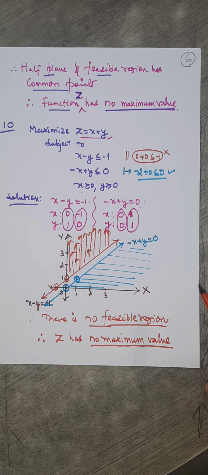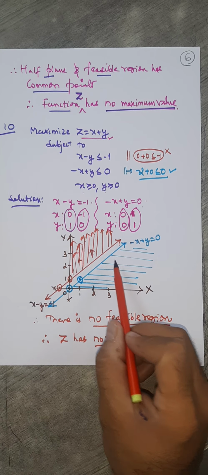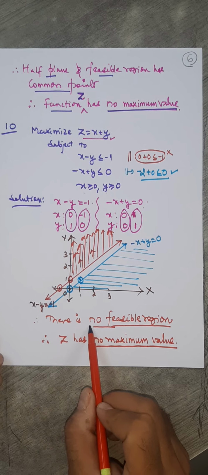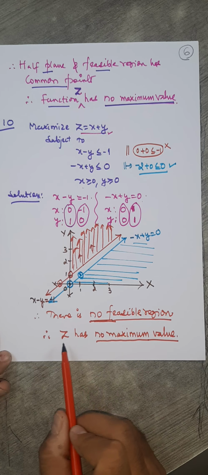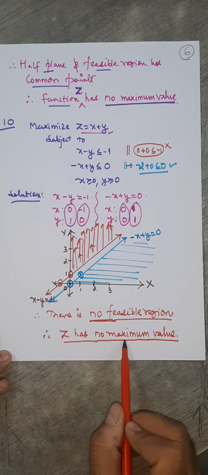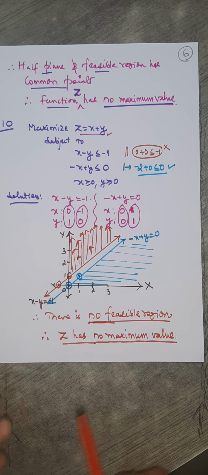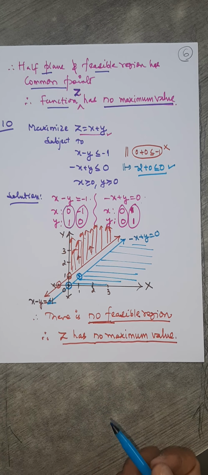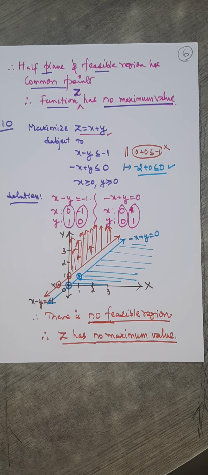I repeat, there is no common region. That means there are no points which satisfy both the inequalities. So the function has no feasible region, and therefore you can say that the objective function Z has no maximum value. Maximum or minimum value can be obtained only when the function has a feasible region and corner points. Your function has no feasible region.